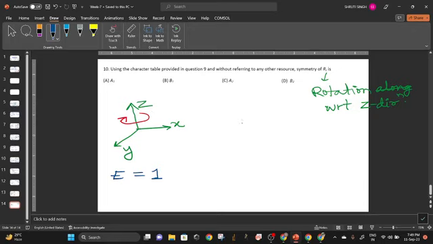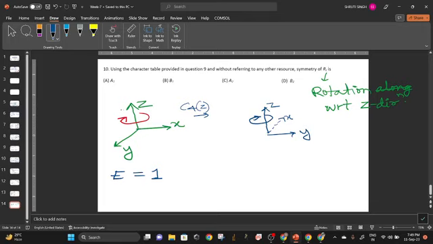So I'm applying C4z. What will happen? This will move here to x, this will come here to y, the z axis will remain in its place, and this rotational vector will not change at all because it was along z.